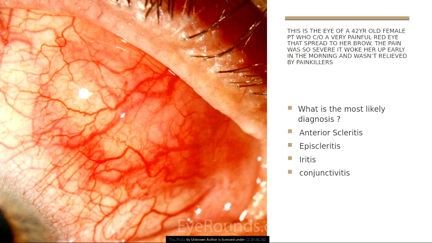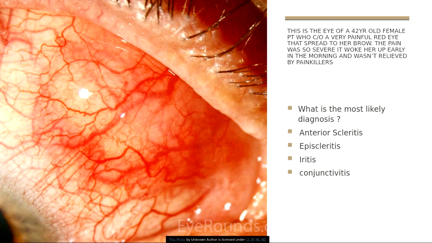Okay, so this is a completely different case scenario, completely different history. So the patient has a red eye, but it's a painful red eye, with severe pain which radiates, wakes her up in the morning, and is not relieved by your standard over-the-counter painkillers.